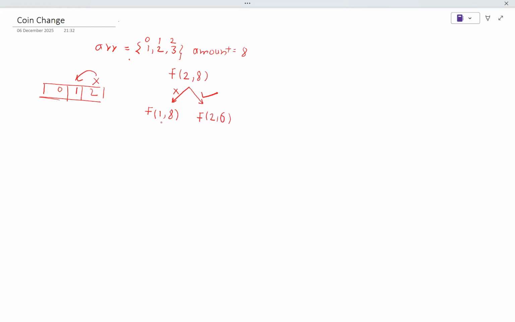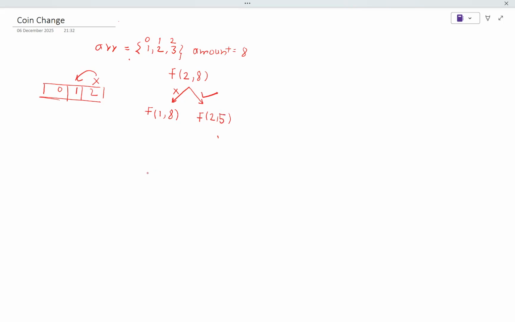In this case, if we see at the second index, what denomination do we have? 3 rupees. So 8 minus 3 will be 5.